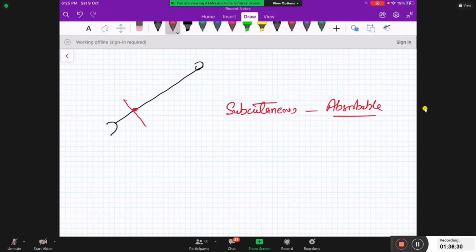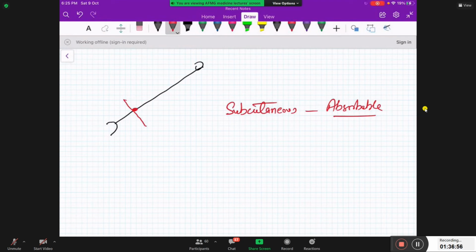Out of vicryl and monocryl, which will have lesser fibrosis and inflammation? So specifically for the subcutaneous layer, we will use monocryl, every time.